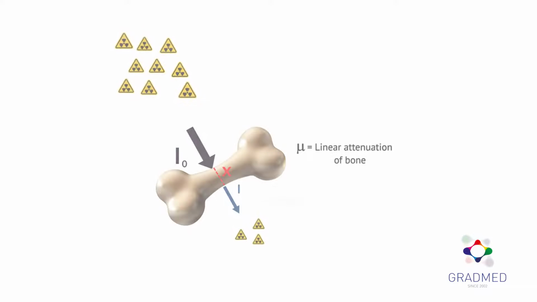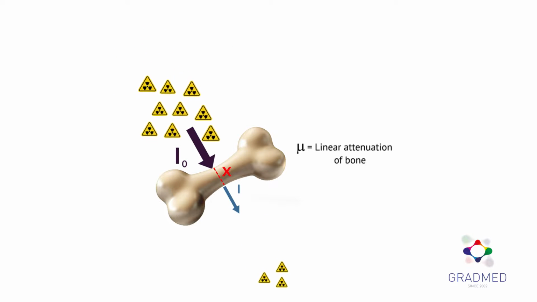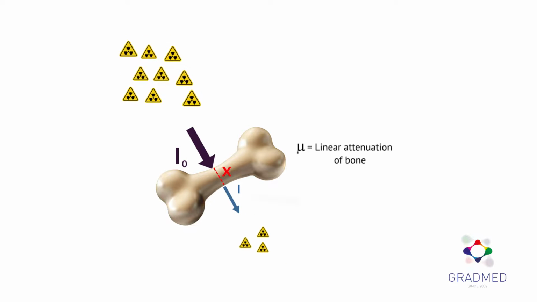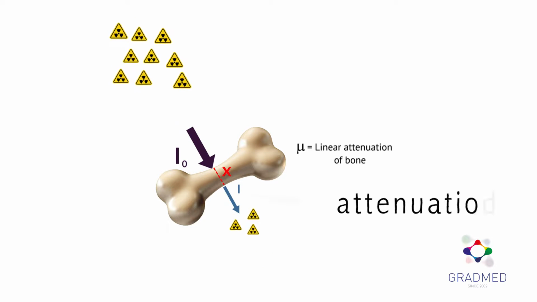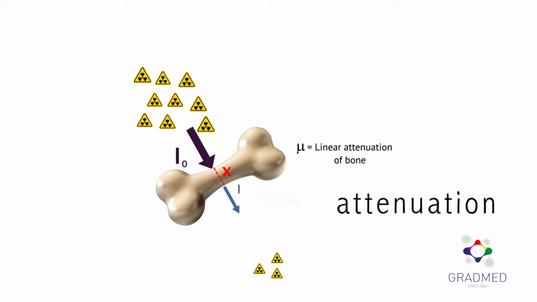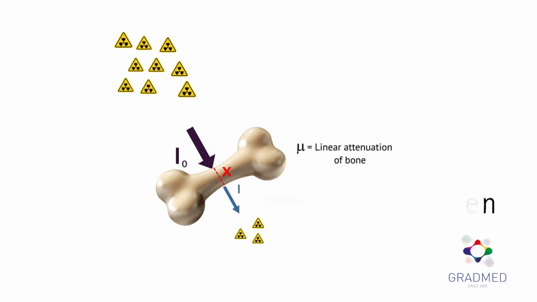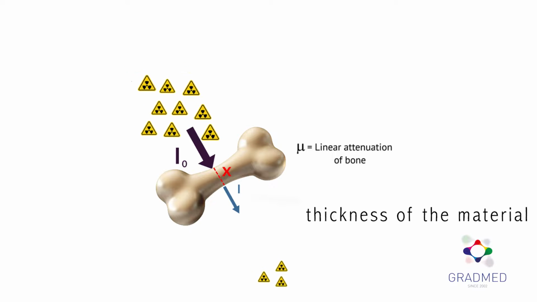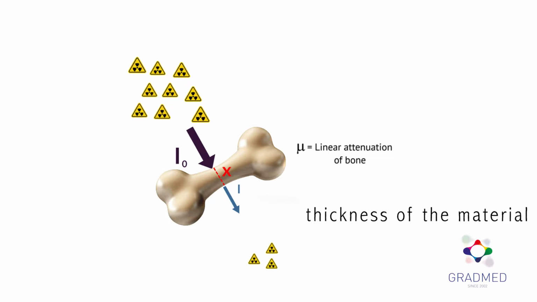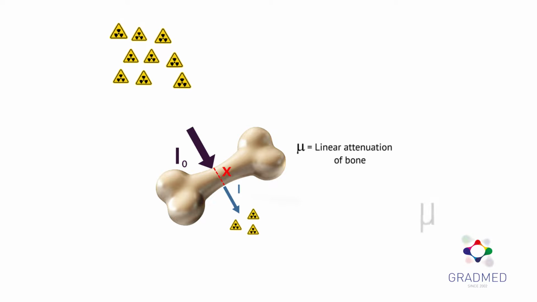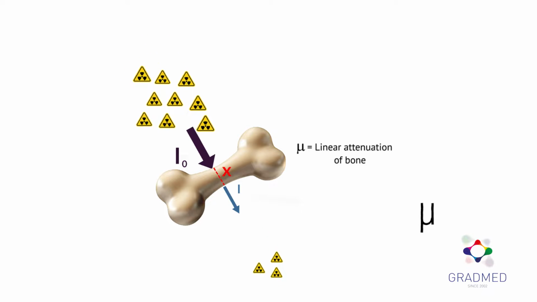Now, as they pass through a material, the intensity of X-rays will fall, and we call this process attenuation. The degree to which attenuation occurs will depend on two things: the thickness of the material x and a quantity called the linear attenuation coefficient of the material, given by the symbol mu.